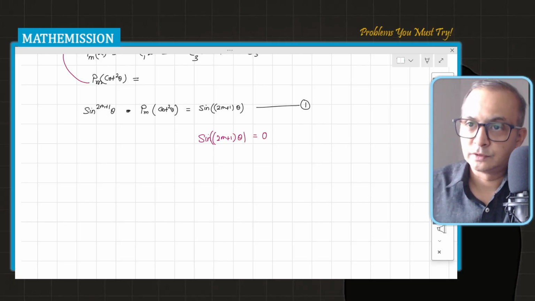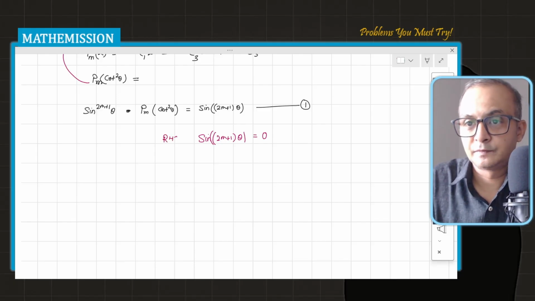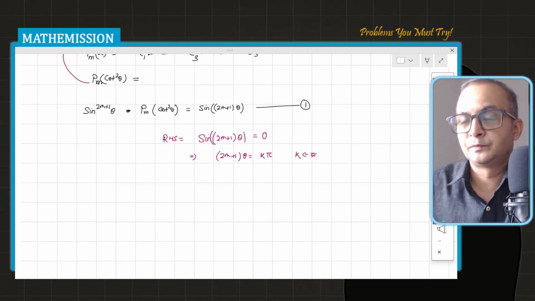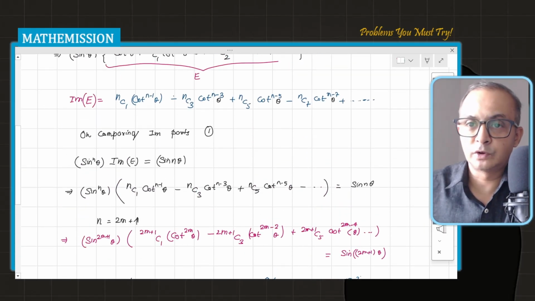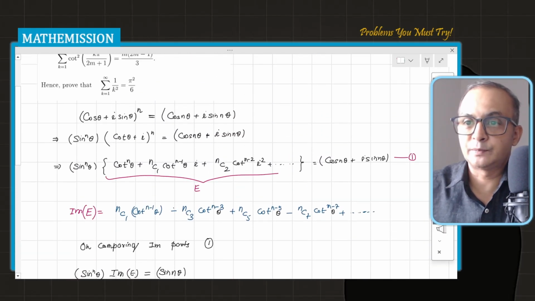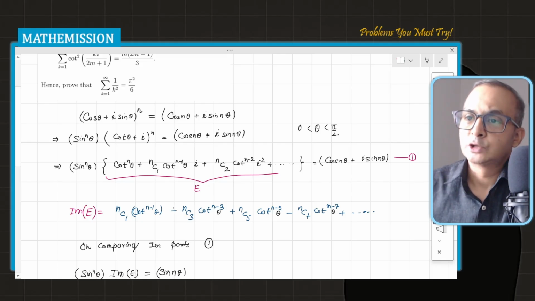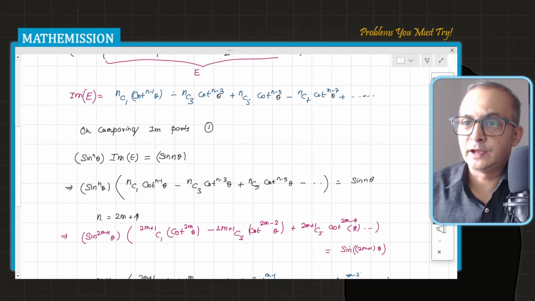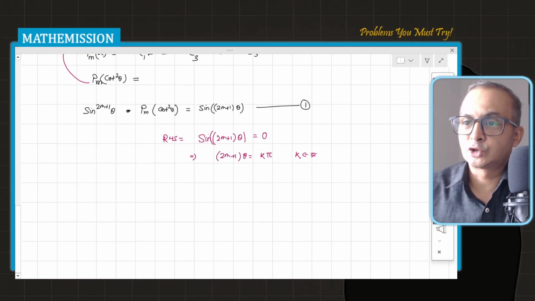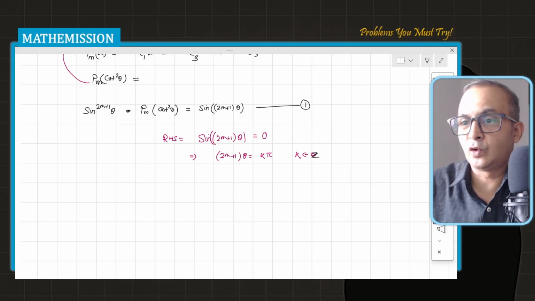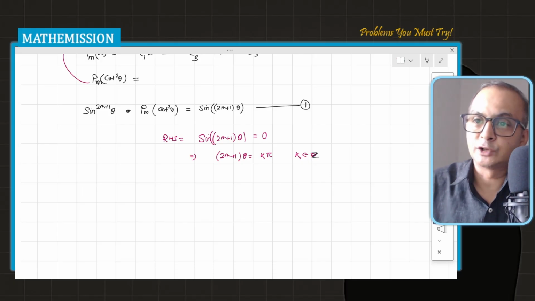If I set the right hand side to 0, then 2m plus 1 theta is going to be k pi, where k belongs to the integers. By the way, the expansion by de Moivre's theorem that we applied in the very first step is true for theta belonging to 0 to pi by 2. So theta belongs to 0 to pi by 2, and here k is an integer, so we get multiples of pi, and this becomes 0.